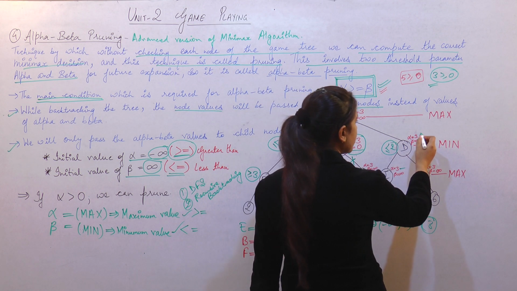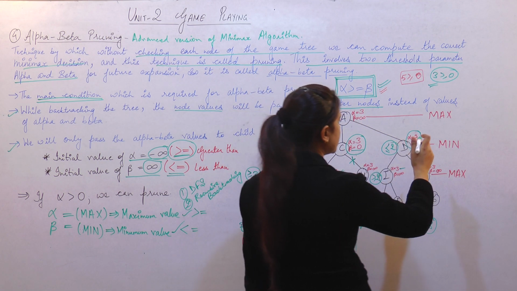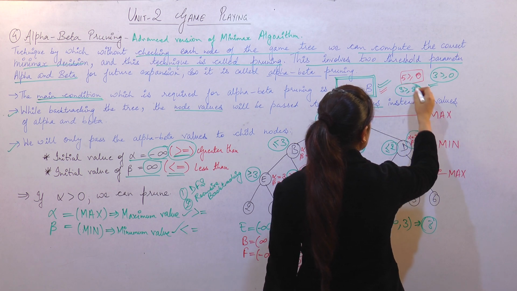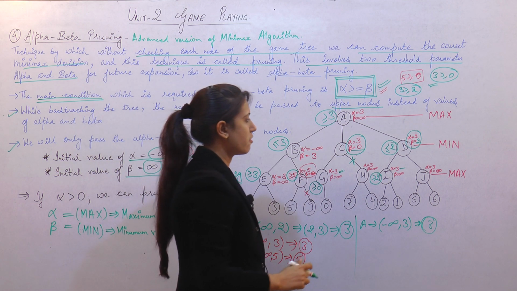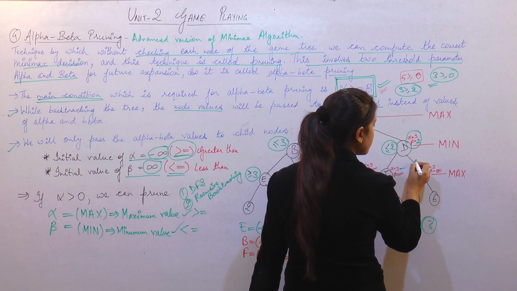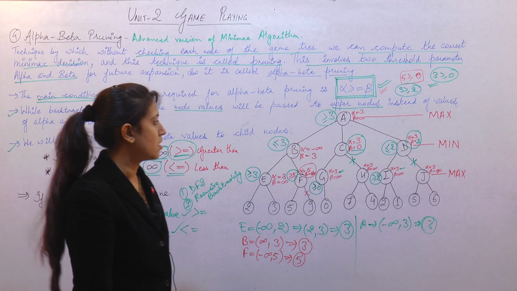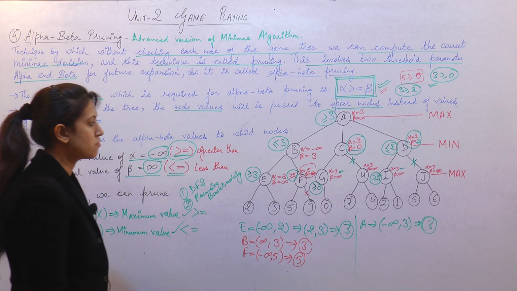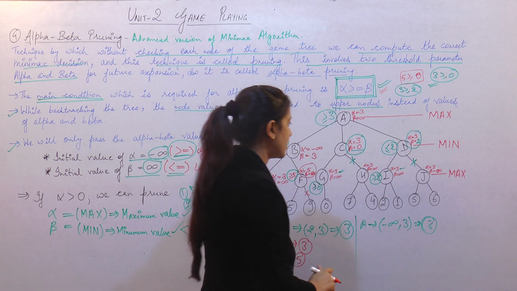Now we put these values of alpha and beta in the main condition of alpha beta pruning. That means 3 is greater than or equal to 2, so the alpha beta pruning condition is fulfilled. So we will prune the further subtree of node D.